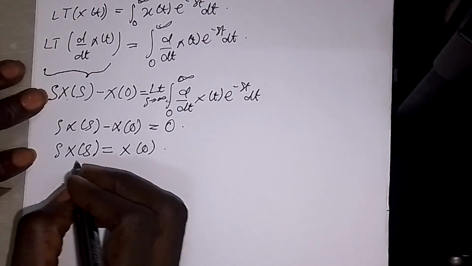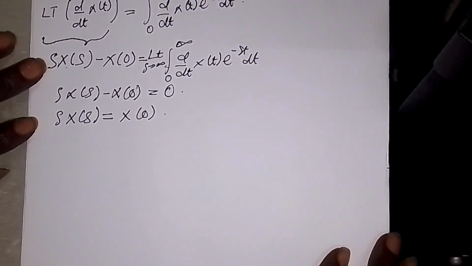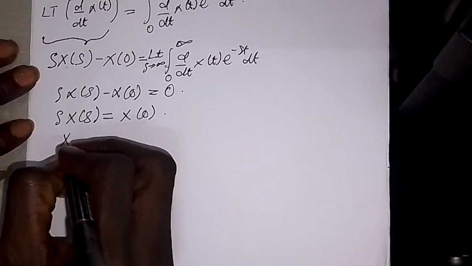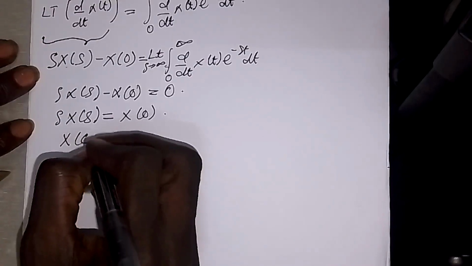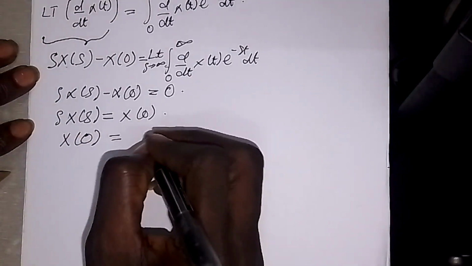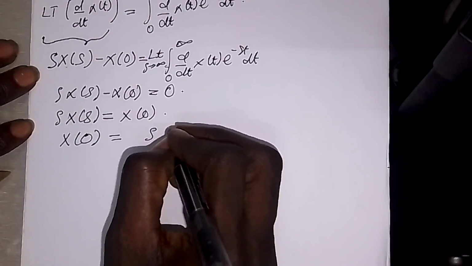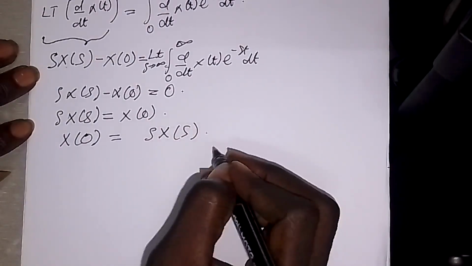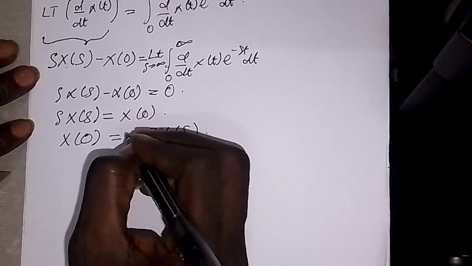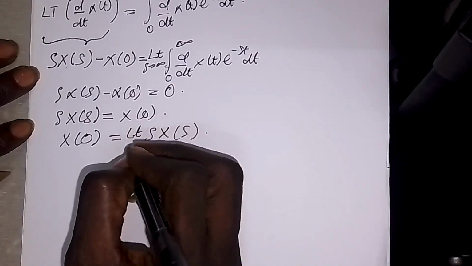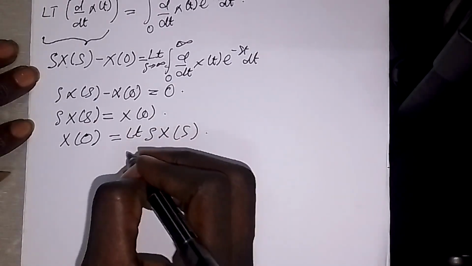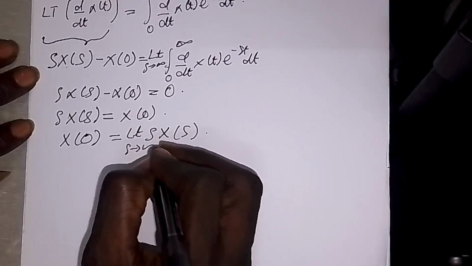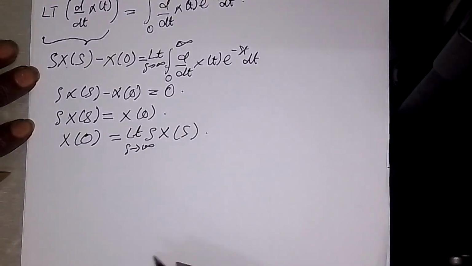So now what I can have is that x of 0 is equals to s x of s, as limit s approaches infinity.